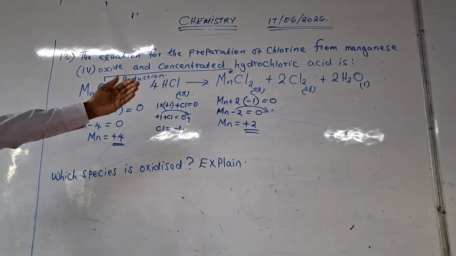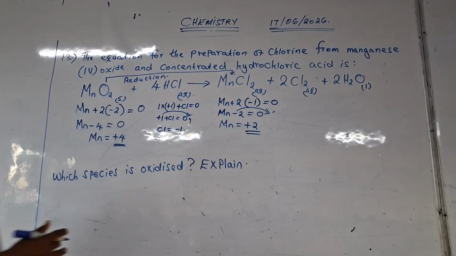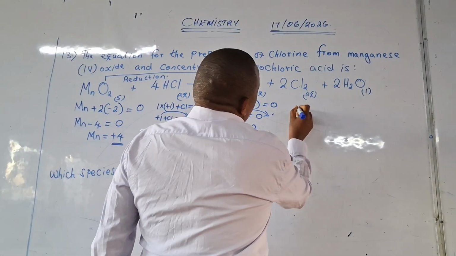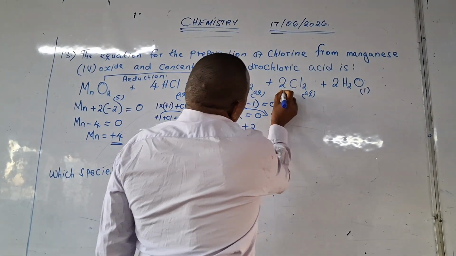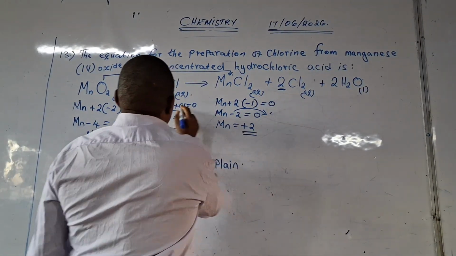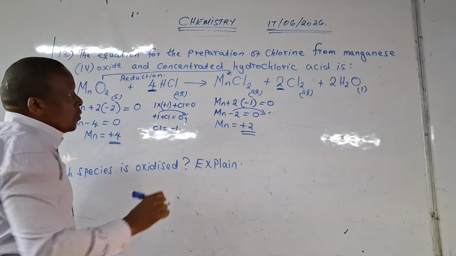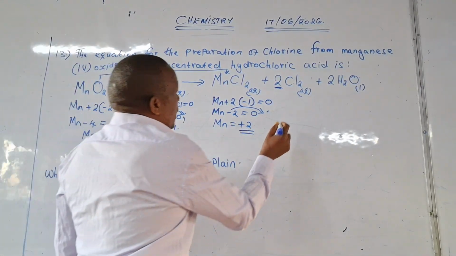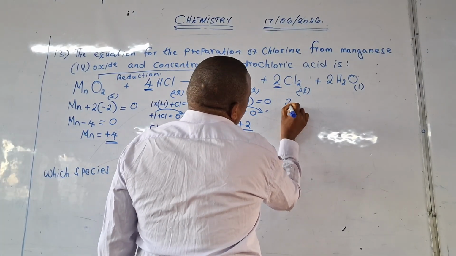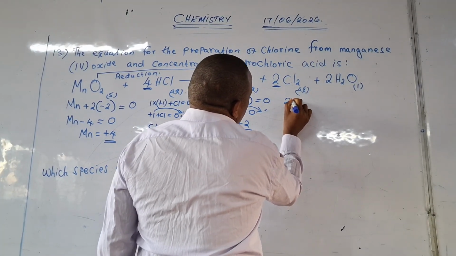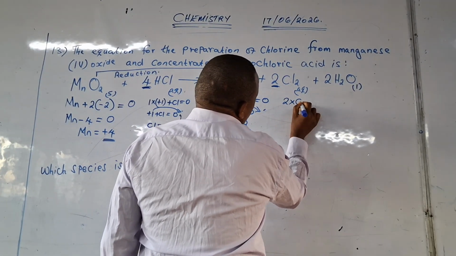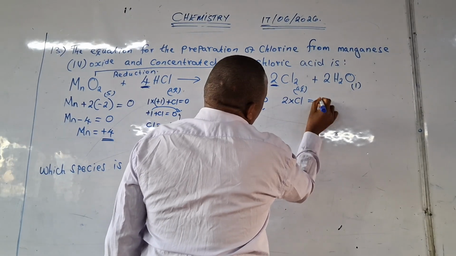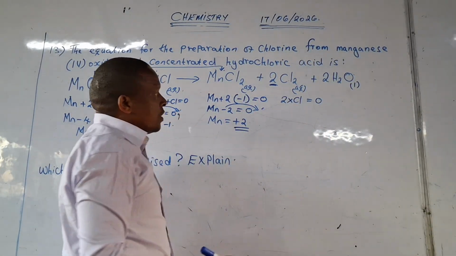We now go to chlorine on the product side. I hope you have realized we are not considering the balancing. You just write the formula without considering balancing. So here in chlorine, we have 2 atoms of chlorine times the oxidation number of chlorine should give us the overall oxidation number of chlorine, which is 0.